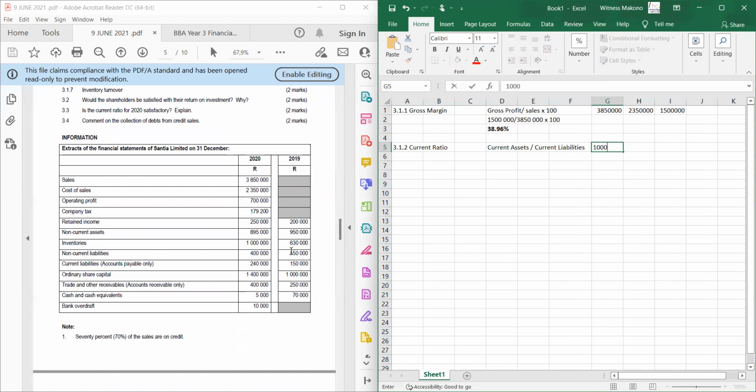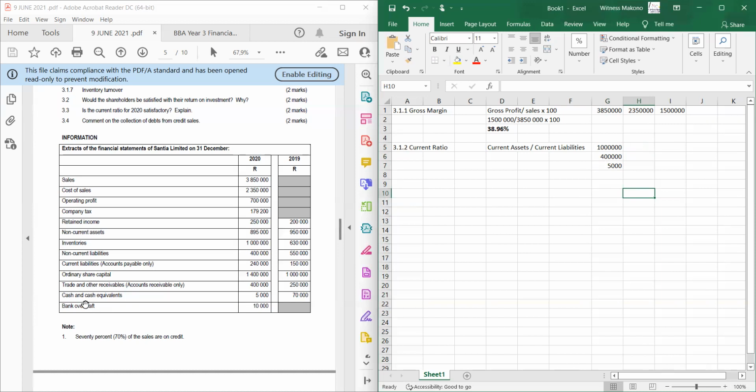What is another current asset that we have there? Trade and other receivables, accounts receivable only, 400,000. Okay, that is another current asset. Then cash and cash equivalent, which is 5,000. That is a current asset.